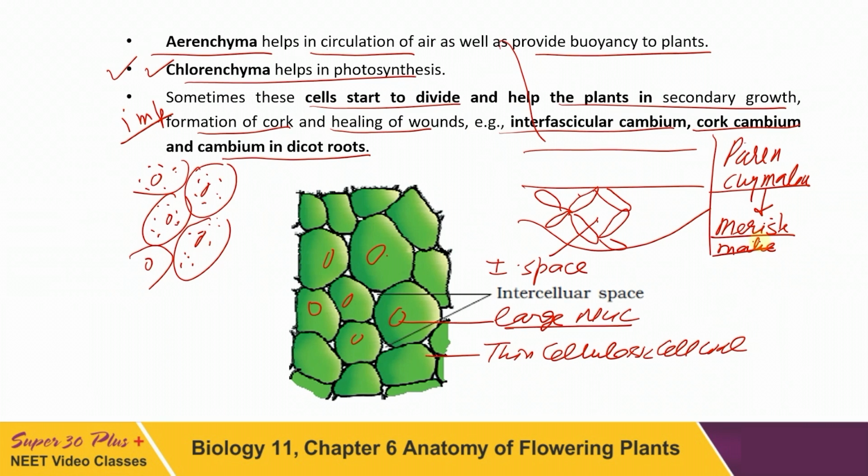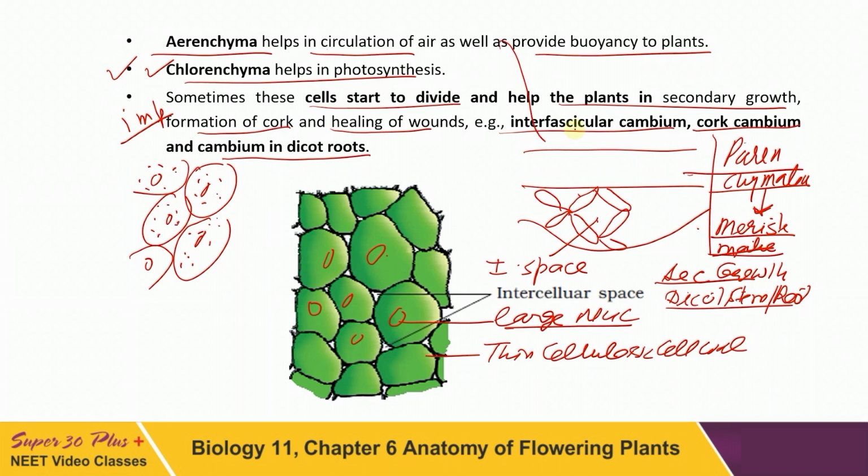This happens at the time of secondary growth. Children, we have to study secondary growth in detail, but here a reference is given. Secondary growth is found in the case of dicot stem and dicot root.